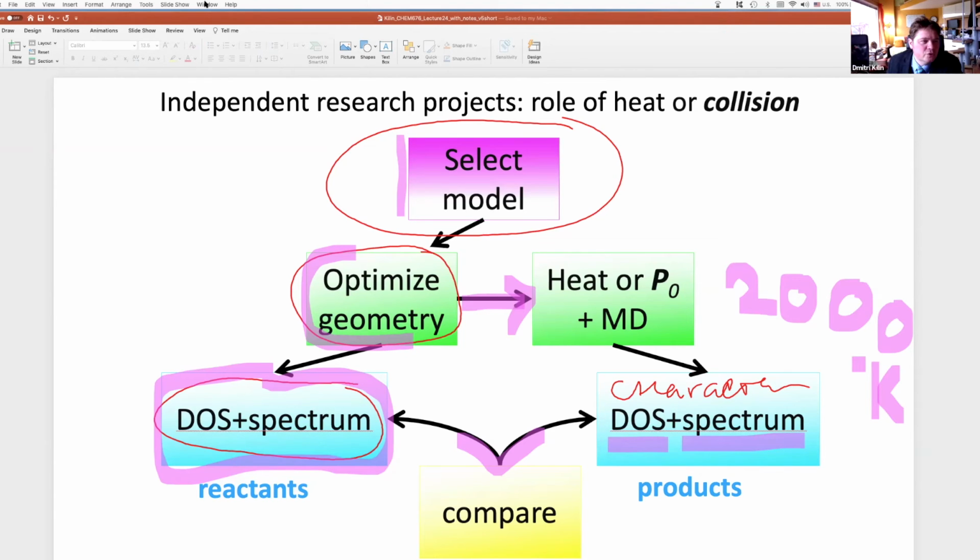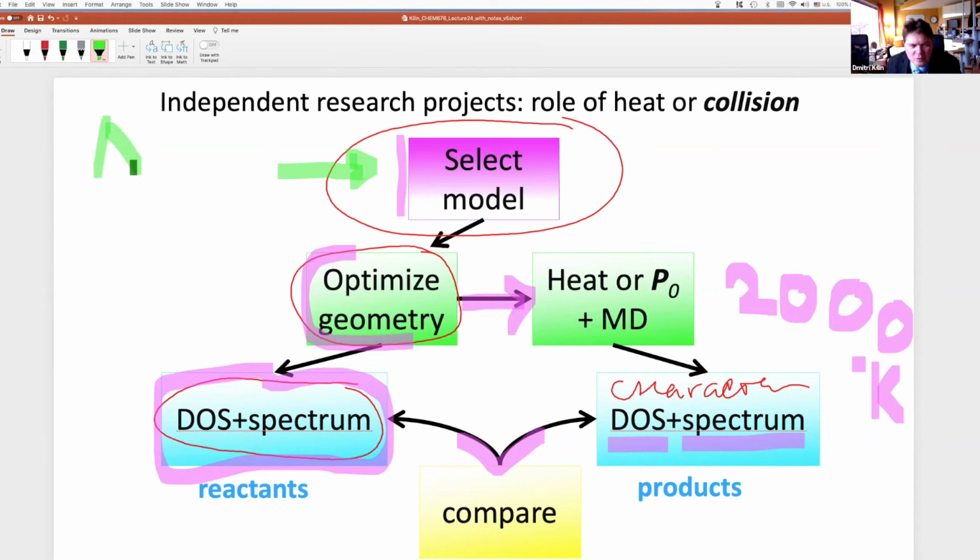So what is shown here? First, one needs to draw a model, select a model, and it can be a single molecule, or an adsorbate of molecules A sitting on a substrate, or a component of several things.